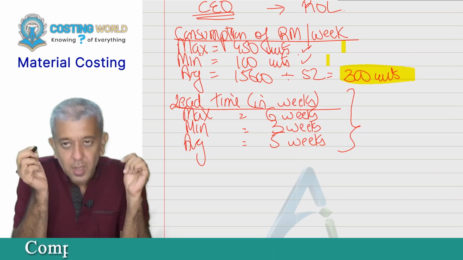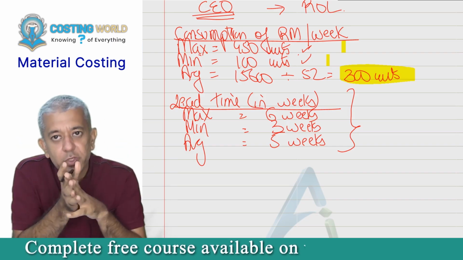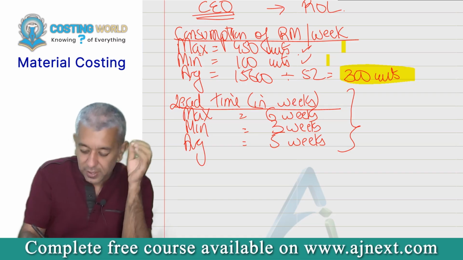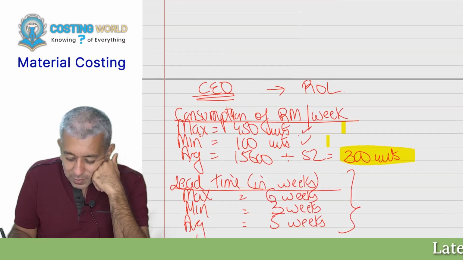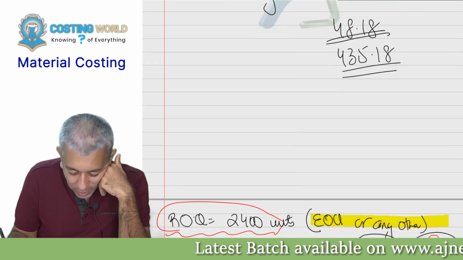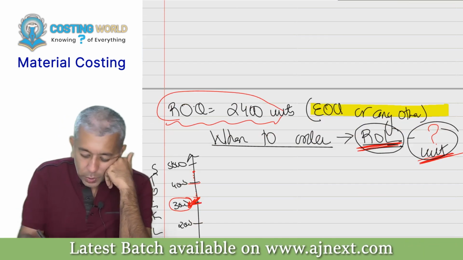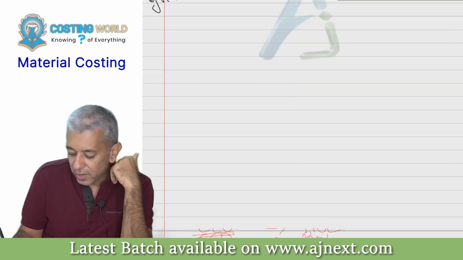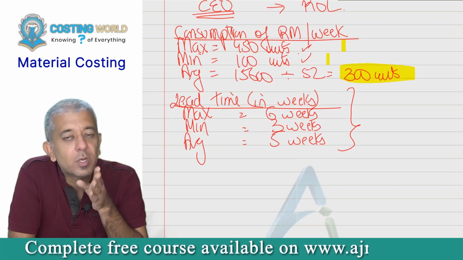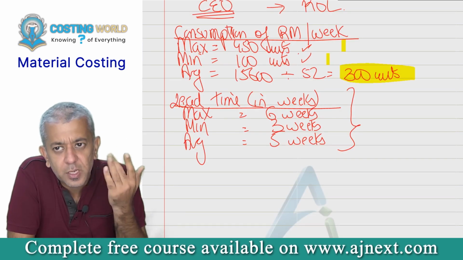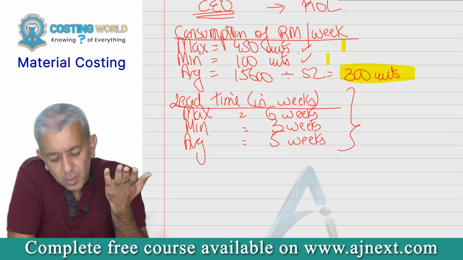Now see how we are going to be using this entire data. Okay, listen. I am just repeating this data along with this particular thing also. So max to max, in future, I expect to consume how many units per week? 450.